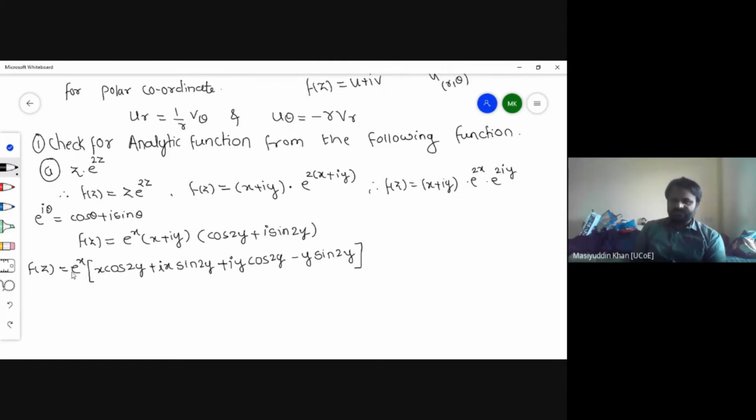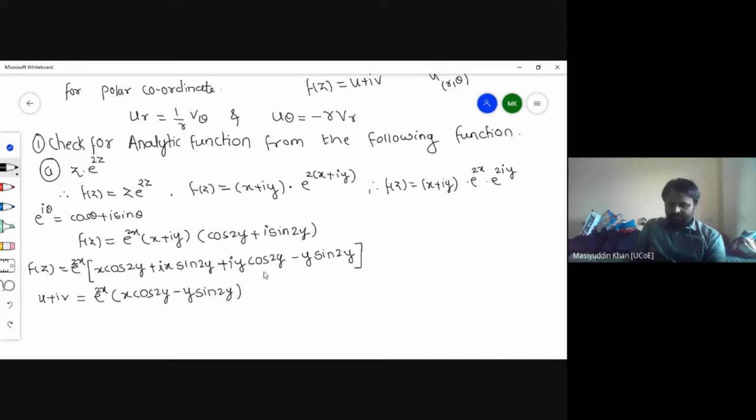And what is f of z? F of z is u plus iv. So I'm just going to separate the real and imaginary parts. We use e raised to 2x as it is. Now the real part is x cos 2y and one more term, minus y into sine of 2y.